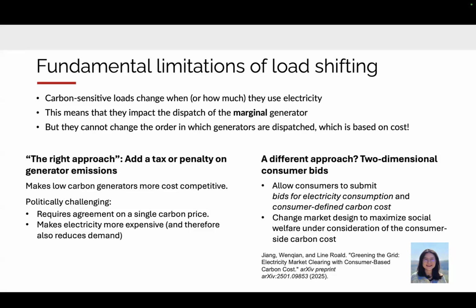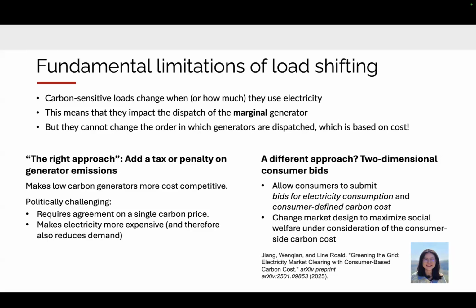We recently started thinking about maybe a different approach here, where you could allow sort of two-dimensional consumer bids, where you would allow consumers to submit not only bids for electricity consumption, but also define essentially a carbon-dependent utility of using electricity. So saying that if the electricity is more carbon intensive, then I value it less.